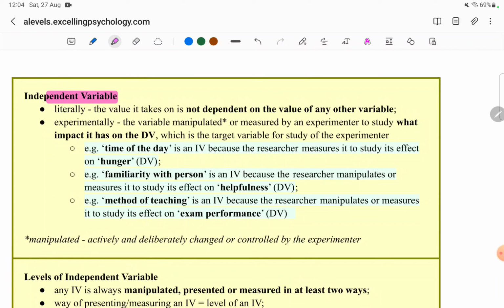Okay, so before we get into its conceptual meaning even further, let's understand its literal meaning. Why is it called independent variable? We just saw what a variable is. What makes a variable independent? A variable is said to be independent when its value is not dependent on the value of any other variable.